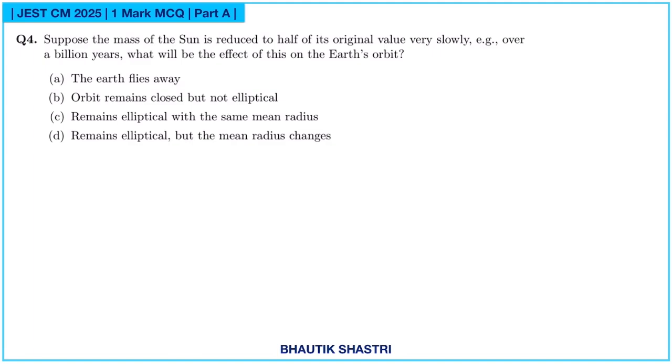And in central field motion, angular momentum L and radial action J are adiabatic invariants. That means eccentricity remains constant, so orbit remains elliptical. And M times a, where M is mass of sun and a is semi-major axis, this product remains constant. So as mass becomes half, semi-major axis a doubles to 2a. So it remains elliptical, but the mean radius changes.